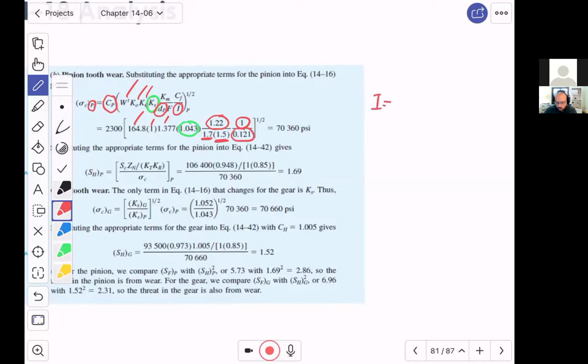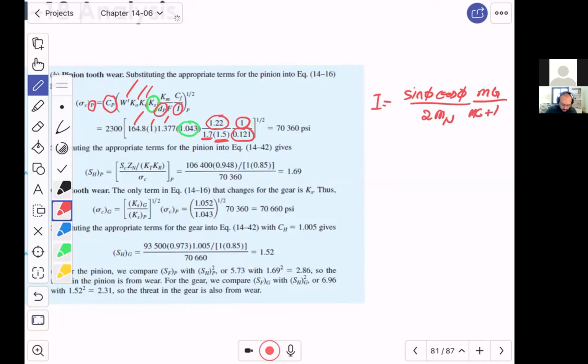Because I equals sine phi cosine phi, both the same, divided by 2mn, and then mg divided by mg plus 1. Do you see anything here that is different for the pinion than for the gear? No. So it is also the same. So we ended up with only one green circle, which is KS.